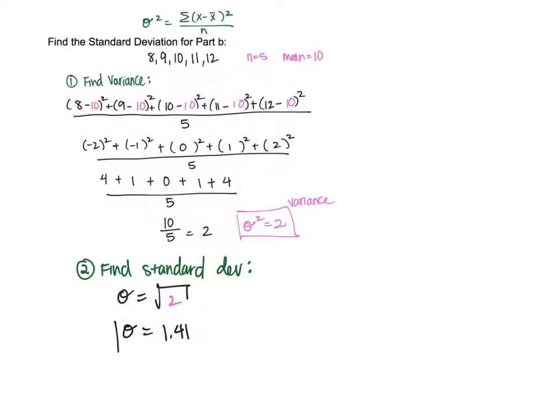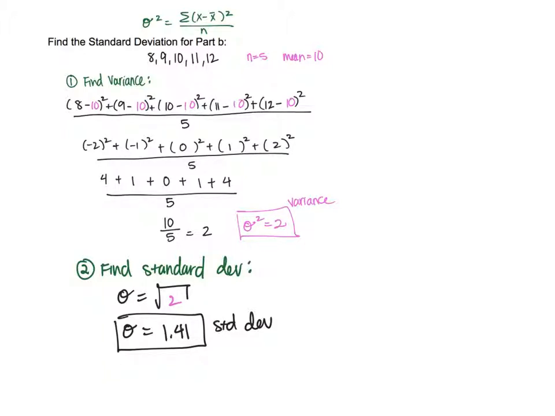And so here is my standard deviation. Now, I do want to mention, when you look at this one here, it's about 1.41, whereas the other standard deviation was 14.14, which is a big difference, right?